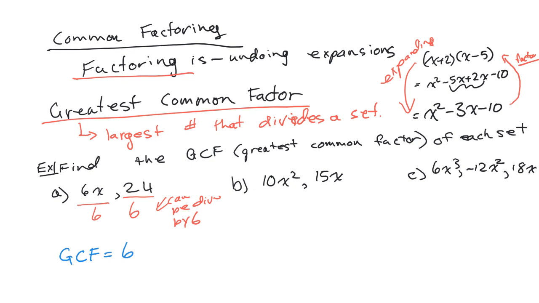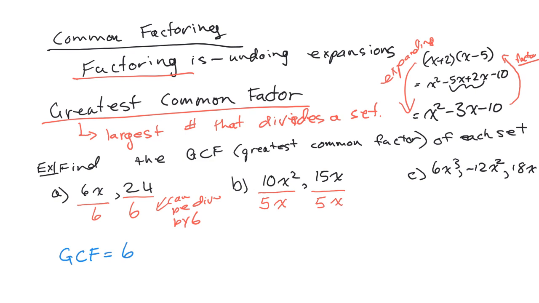So if I look at B here, B has 10x squared and 15x. Both of these can be divided by the number 5, since 10 and 15 can both be divided by 5, but each of them also has a minimum of an x, so we can divide out an x.